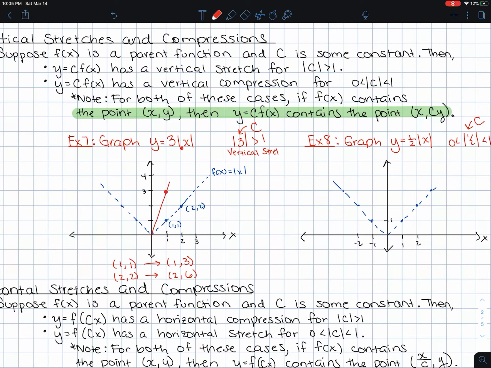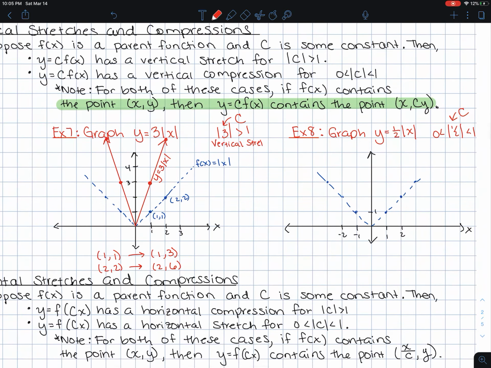Okay, so we have our vertical stretch here. And because this is symmetric with respect to the y-axis, I don't have to find the other points. I just know exactly what they look like. We have y equals 3 absolute value of x.